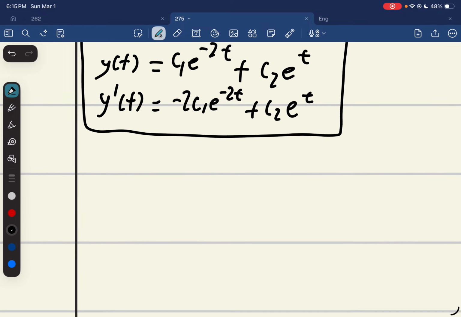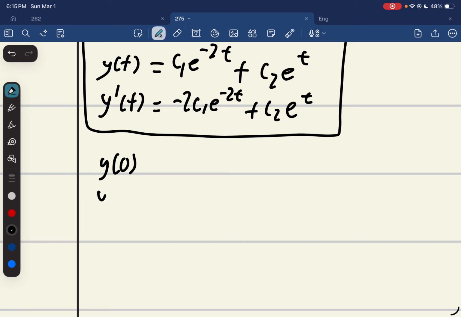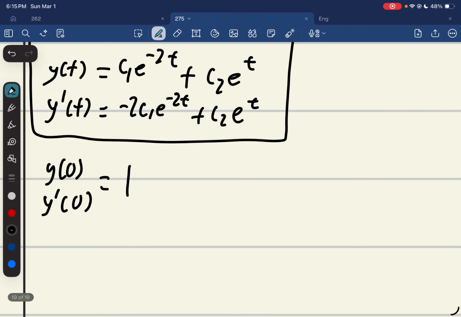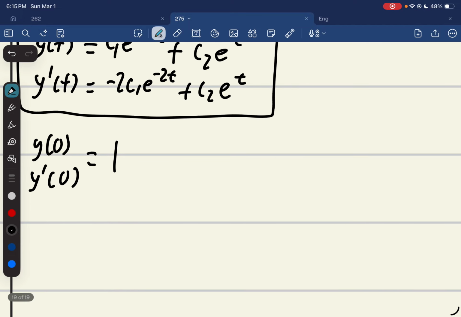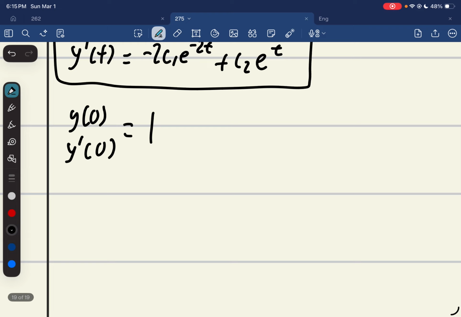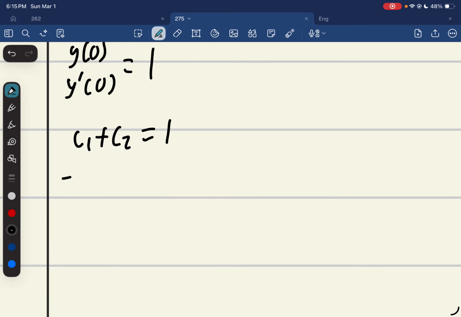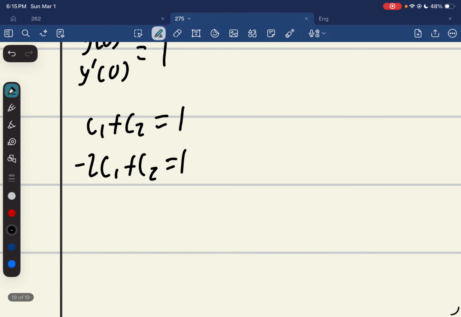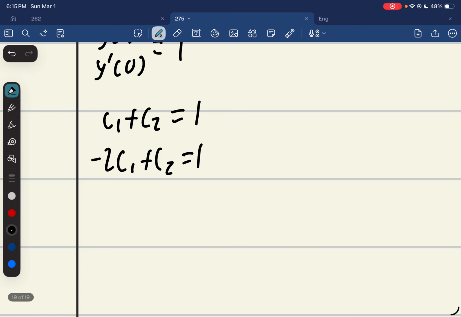And since y of 0 and y prime of 0 both equal 1, it's pretty easy. That means c1 plus c2 equals 1 for both. So we just set it up as c1 plus c2 equals 1, negative 2c1 plus c2 equals 1. We can just use the constants, get rid of the e for now, and solve for c1 and c2.